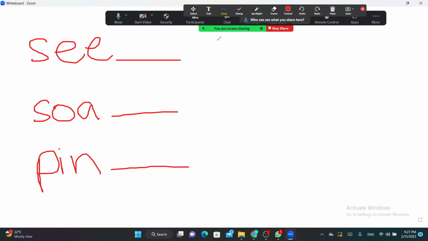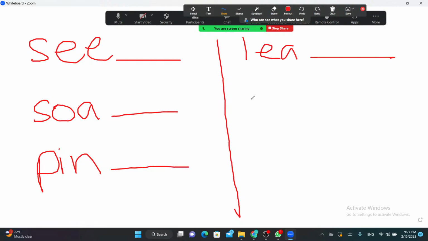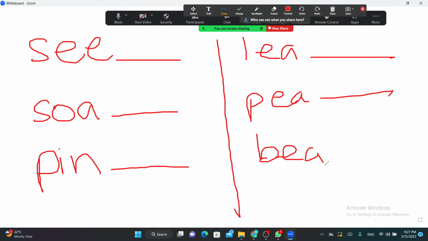If you want to write the word, come on, leak, peak, beak. Again, whenever you are writing a spelling, you need to first see which vowel you are using. S, e, is it a short or long vowel sound?